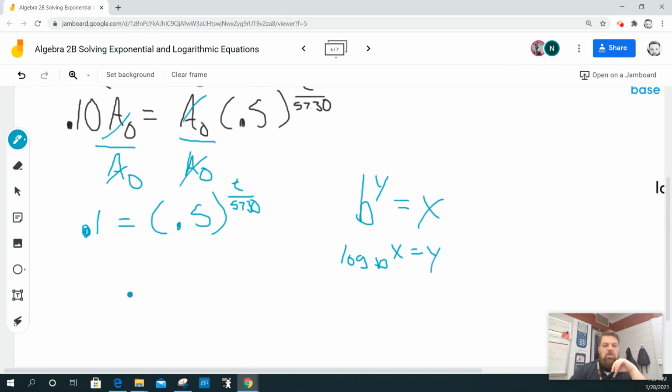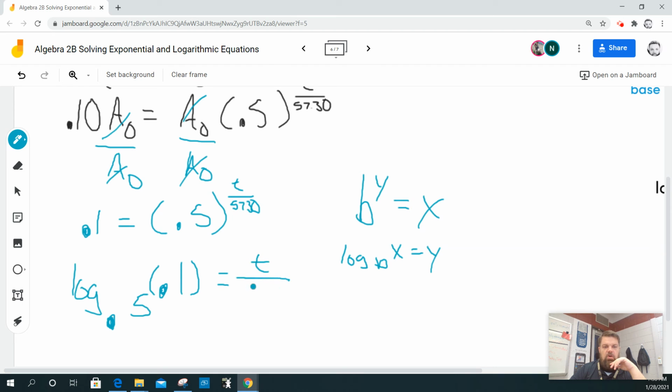So what I'm going to do is say log, and the base is 0.5. 0.5 of what? 0.5 of 0.1. Well, what's that equal to?